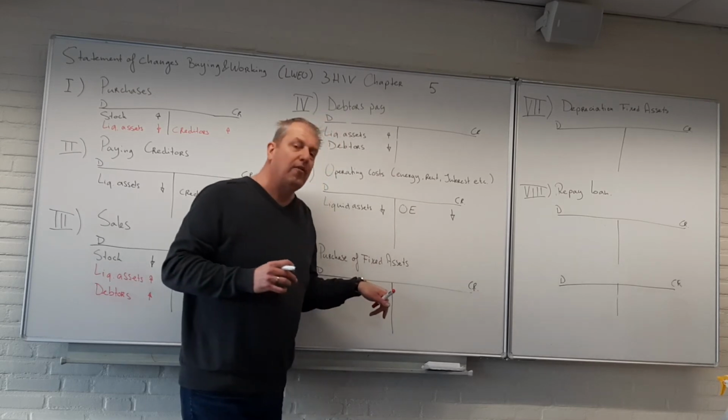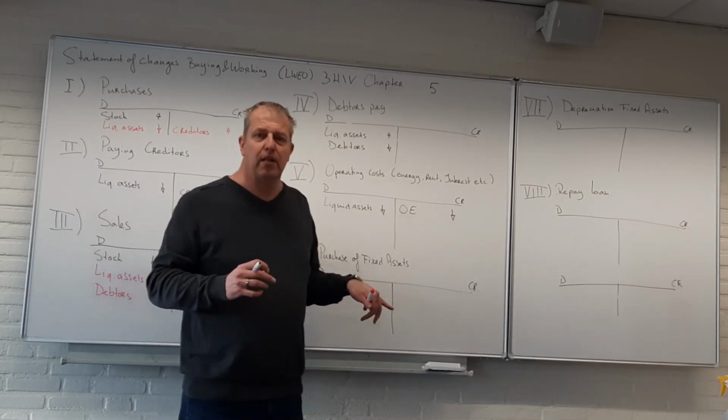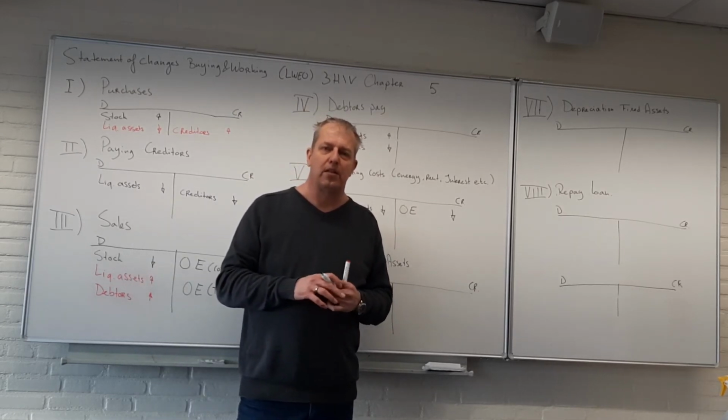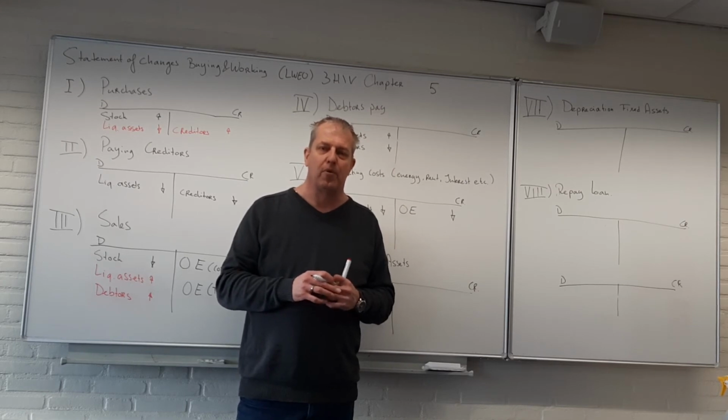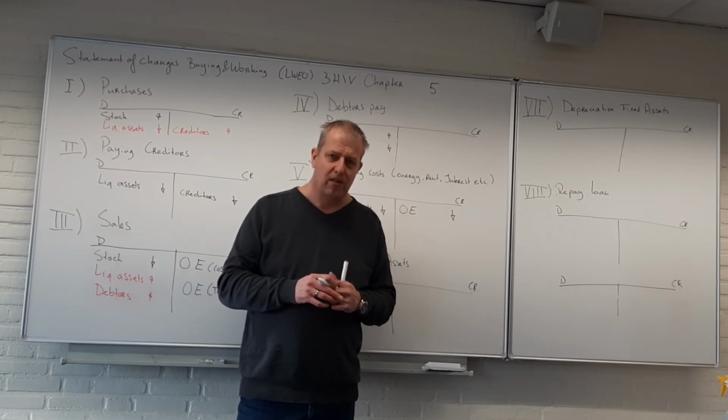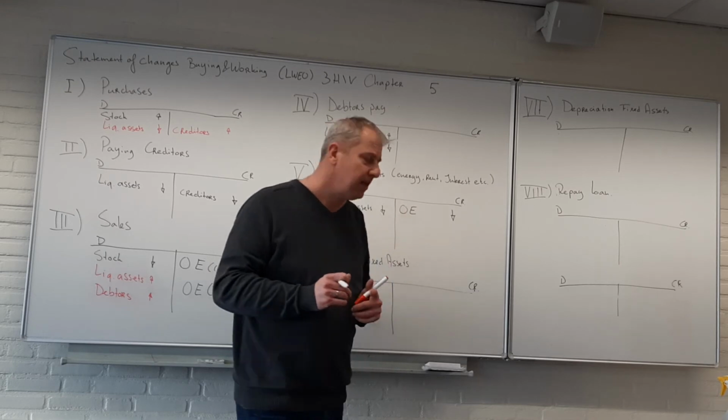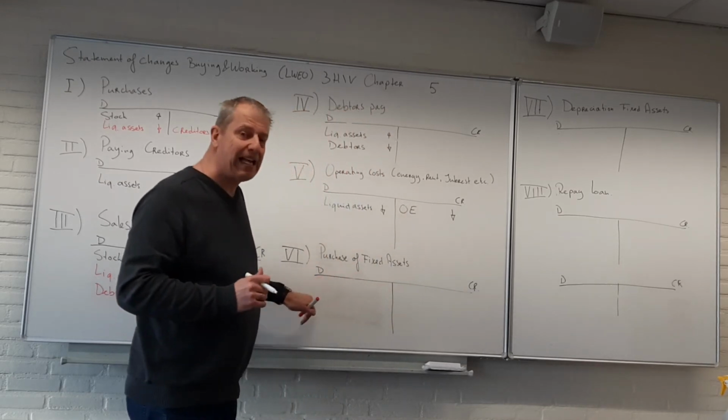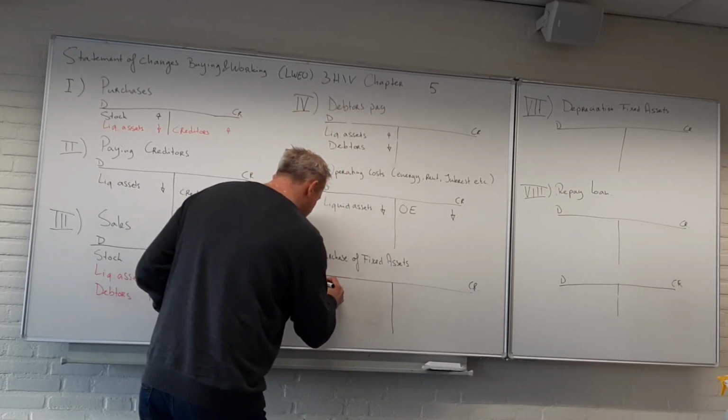Okay. Fixed assets, I told you, they are the belongings that are supposed to be longer in your company for more than a year, such as buildings, cars maybe. So if you buy a fixed asset, your fixed assets go up.